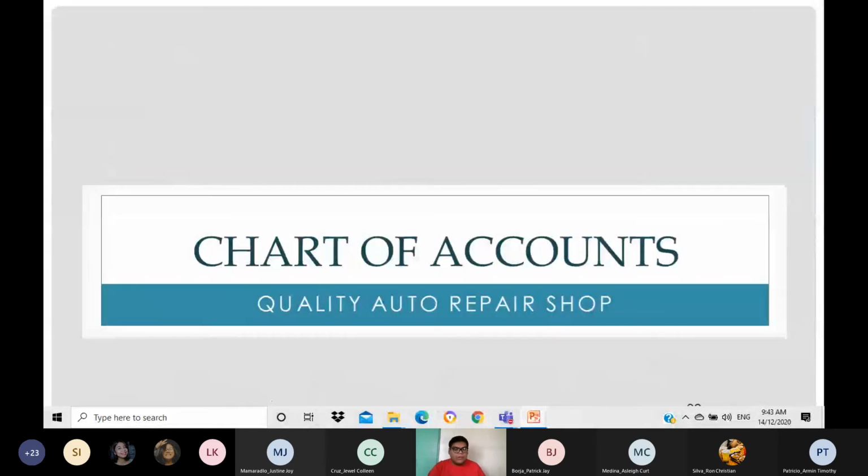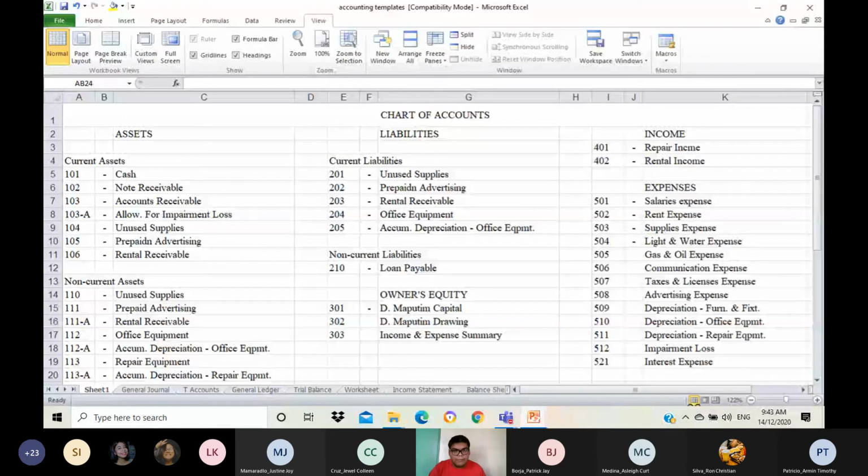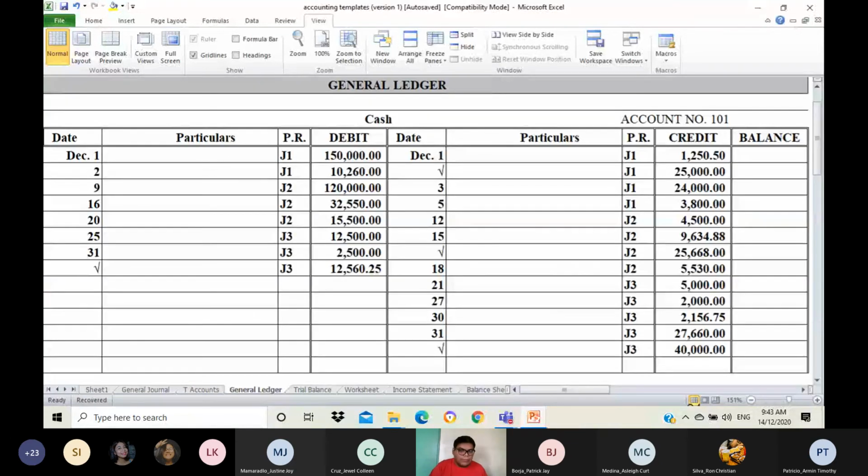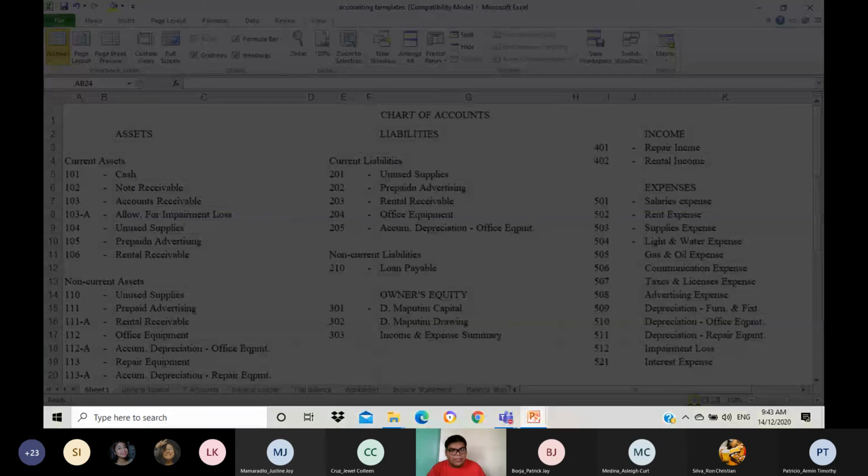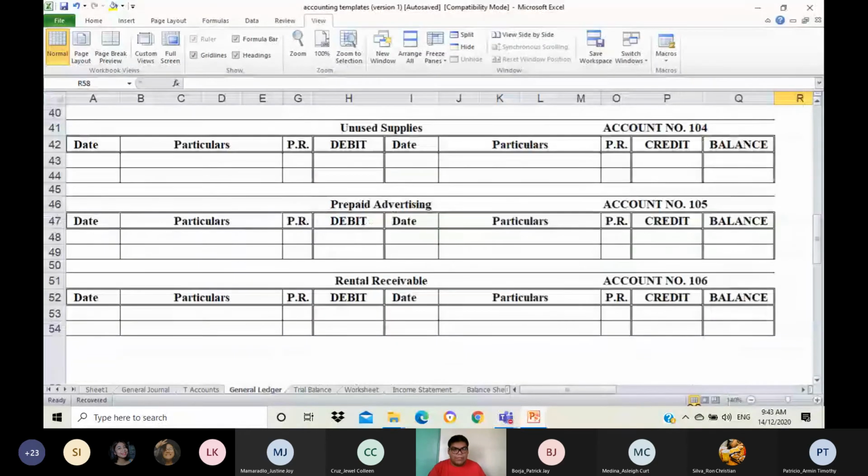So, of course, kailangan mo muna yung chart of accounts. So, chart of accounts, and then you will do your GL, segregate, no? Cash, note receivable, impairment loss, and yung supplies, prepaid, advertising.